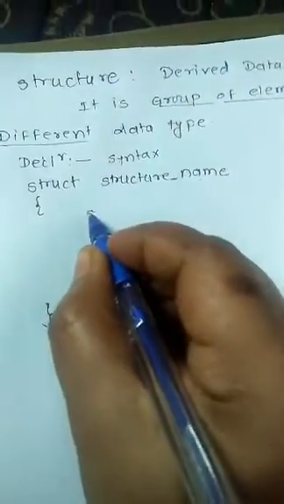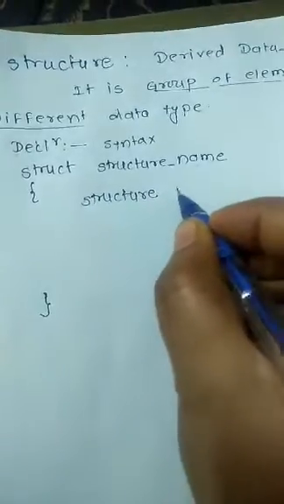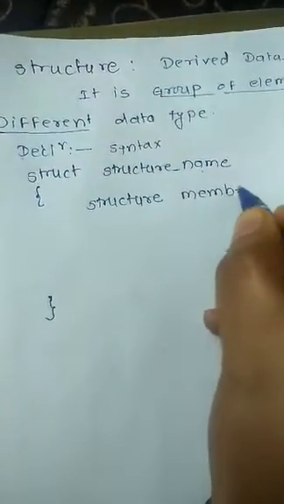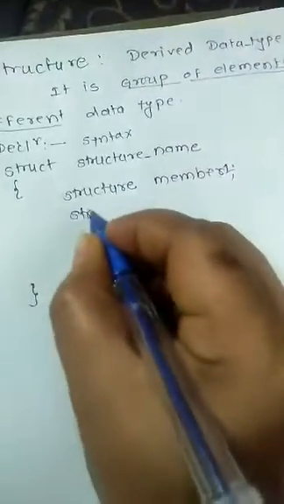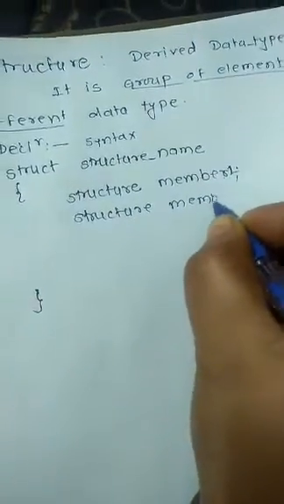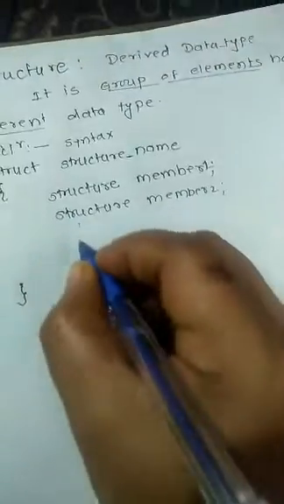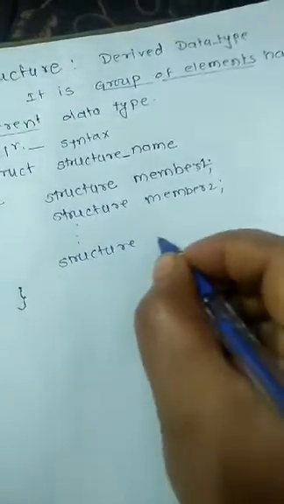This is your structure member. So you have structure member 1, structure member 2, then structure member n. This is the declaration of structure syntax.